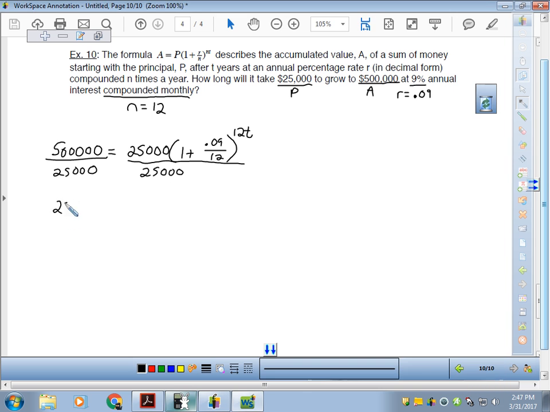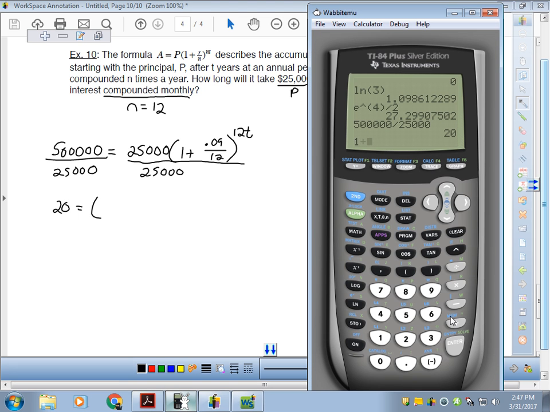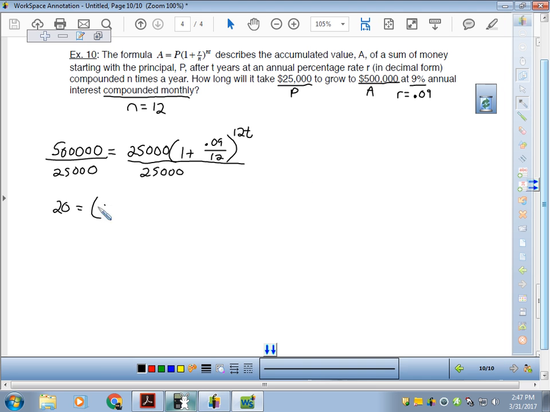So 20 equals, and I'd also like to figure out what number is in the parentheses. 1 plus 0.09 over 12 is 1.0075, and that gets raised to the 12t power.